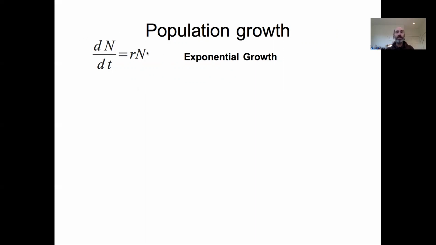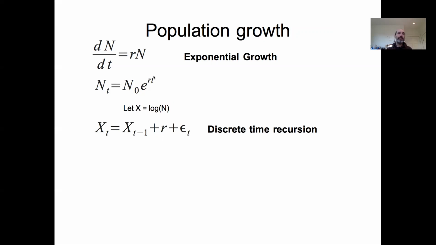This is written down as a differential equation where dN/dt, the change in the population over time, depends on the current population size N and a growth rate r. And this has an analytical solution that gives us an exponential relationship between time and population size, growing at this exponential rate.